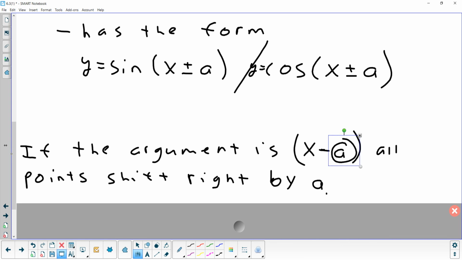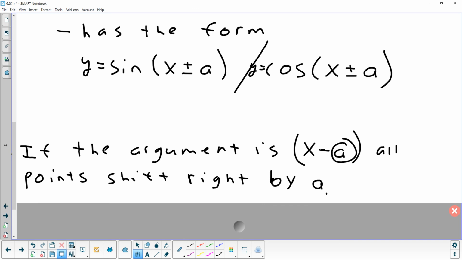There are common values that we usually plug in for a. We don't usually shift by just a random number. Since you're shifting left and right, the shift is by a certain amount of degrees or radians. Usually, the shifts that you're going to see are by 90, 45, or 180. In radians, pi over 2, pi over 4, and pi.